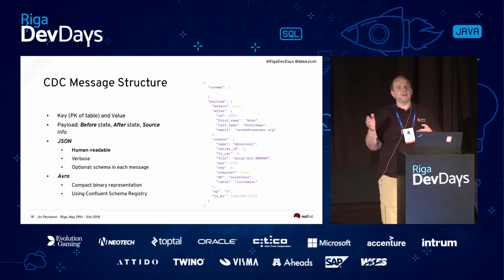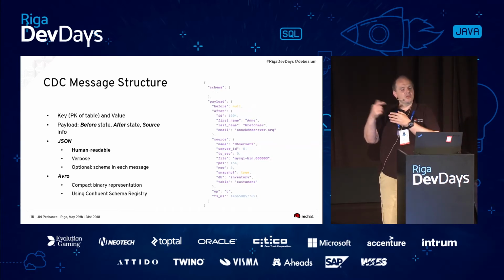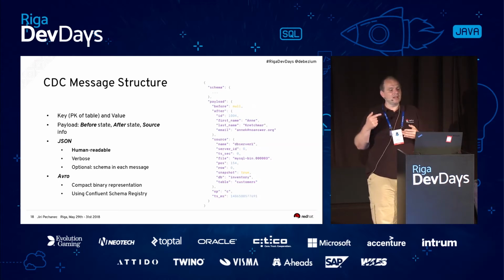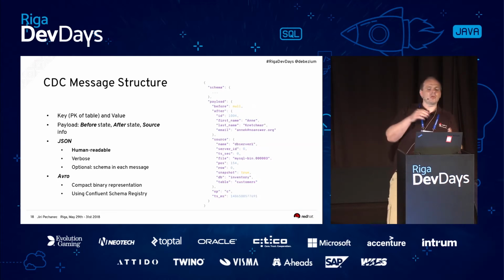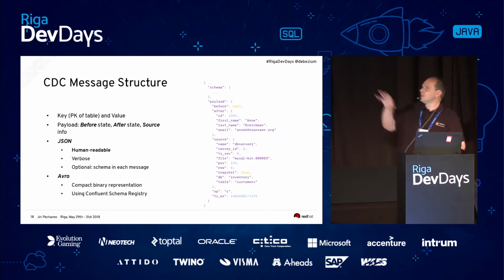Then there is after, which contains the data after the update, so the actual data. And then there is a source info that contains metadata about the position in the database log from where we have received the change. This is the logical structure of the message.